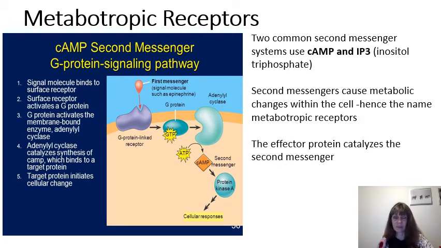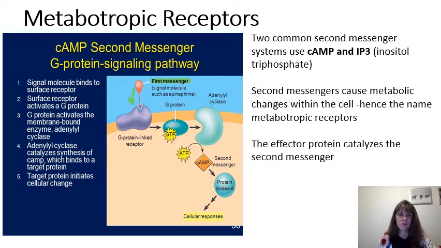binding to a receptor. Because what happens in a second messenger system is a signal molecule acts as a first messenger, which can bind to a G protein linked receptor. This purple molecule is the G protein linked receptor.